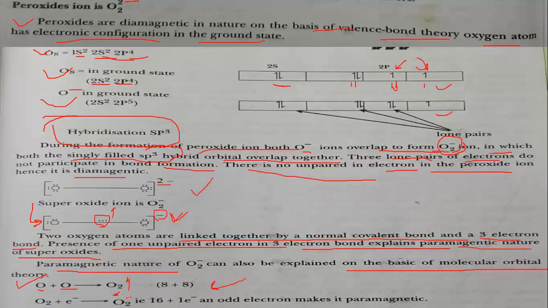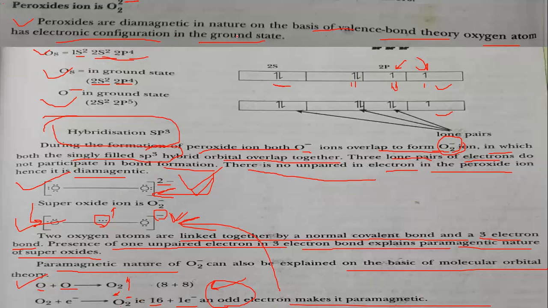So 16 electrons plus 1 electron, 1 odd electron is there, and that makes this molecule paramagnetic. But O2 2- has no unpaired electron, hence it is diamagnetic, but here it is paramagnetic.